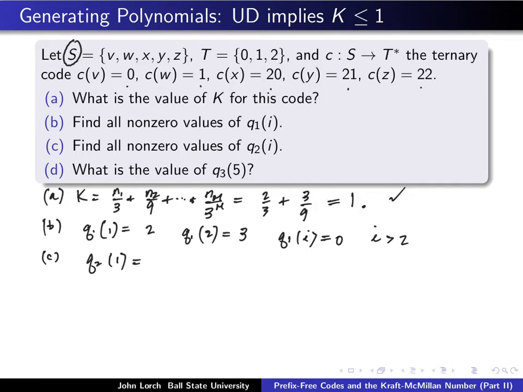And the answer is that none of them have length 1.